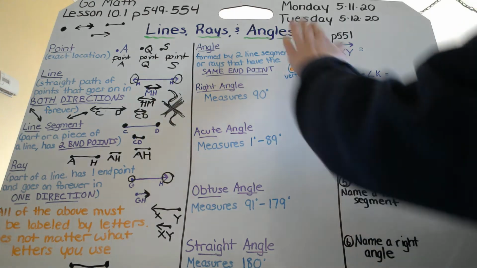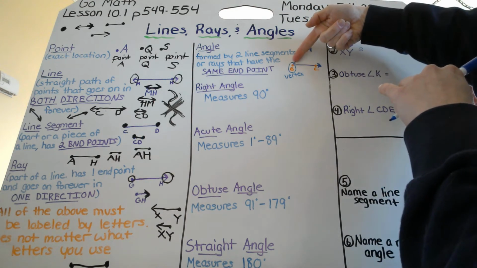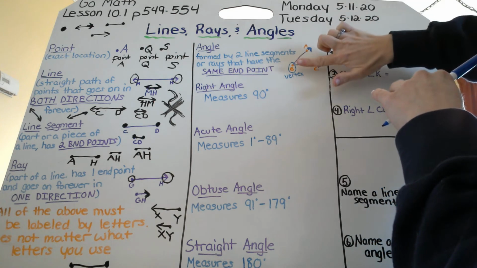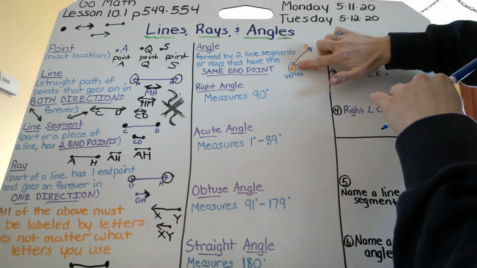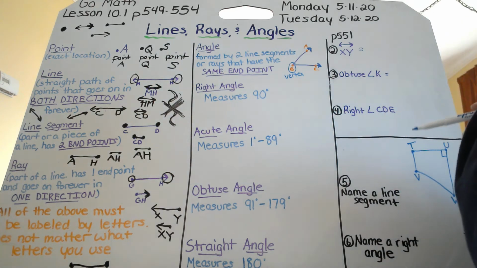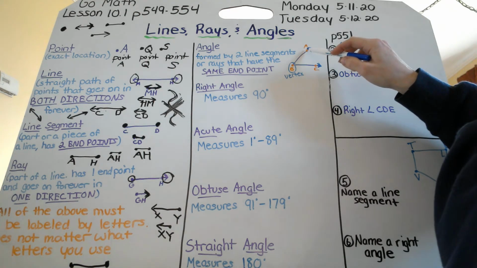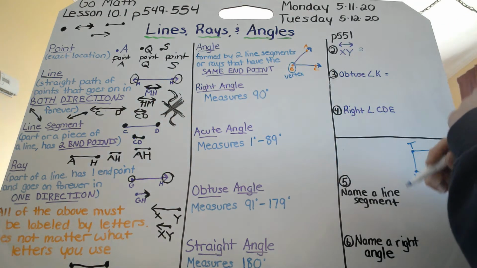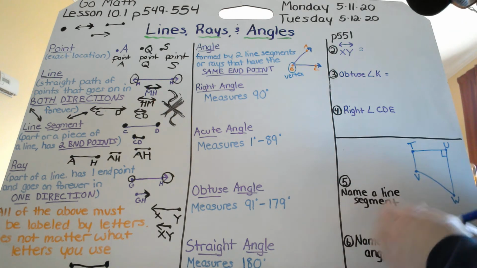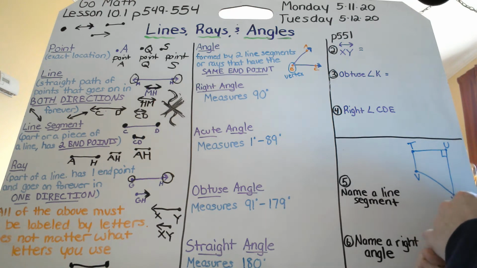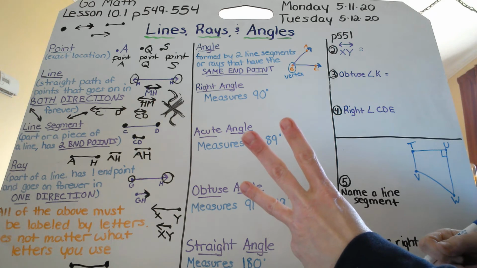So if you look at these separately, let's get rid of this guy. There's ray BC. And then if I get rid of this guy, there's ray AB or ray BA. Okay? But normally it would be AB because you would say this guy first because this is where the arrow is. Now, when we are measuring an angle, and we're not going to do that in this chapter 10, but when we measure an angle, there's 3 different kinds of angles.